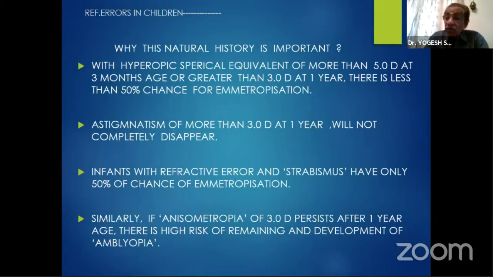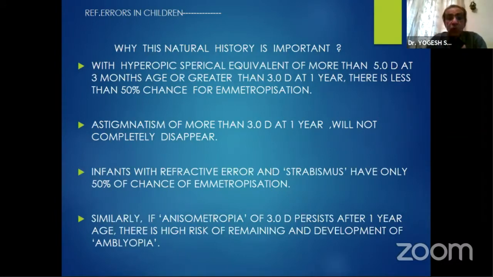If it is more than 5 diopters by 3 months, or more than 3 diopters at 1 year, where it should start disappearing, then there is a 50% chance that it will not disappear. Now, astigmatism of more than 3 diopters at 1 year will not completely disappear. So it has repercussions again.